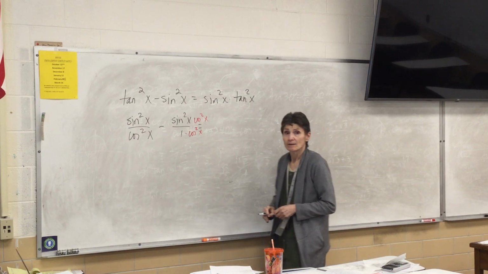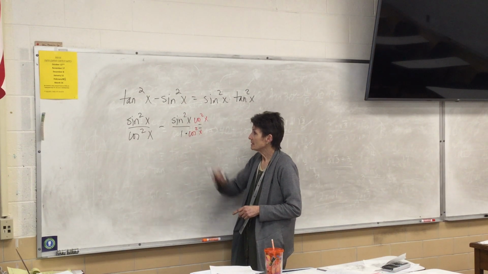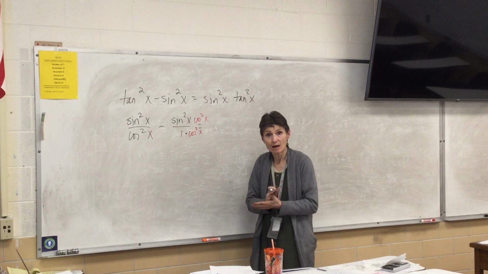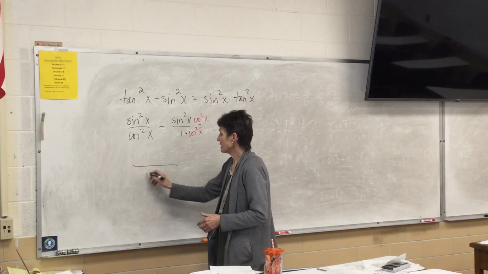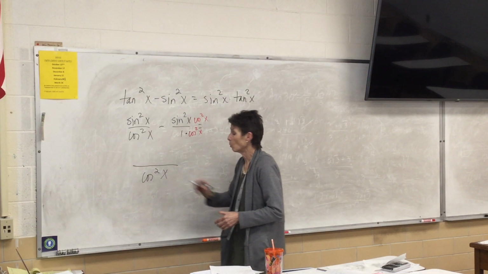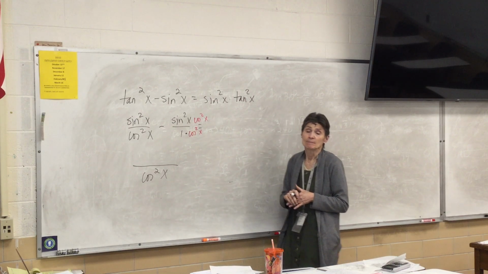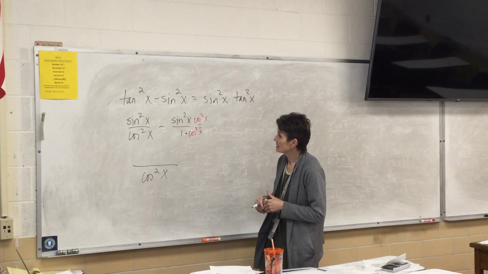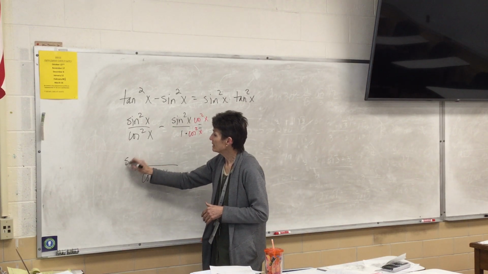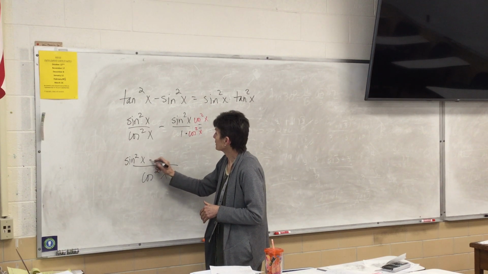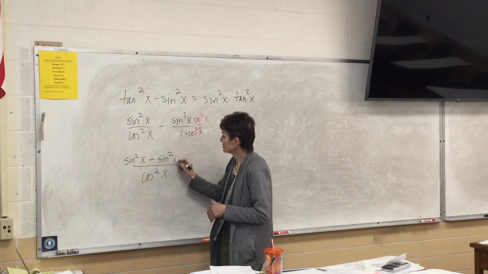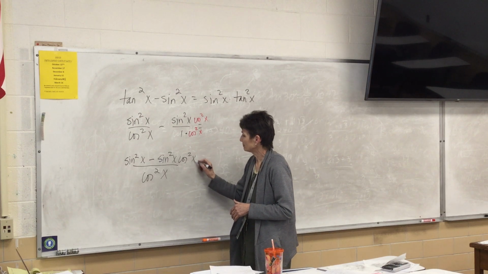Now, gang, that's times there. Now they have the same denominator, so I can put them together in one fraction. So my denominator is cosine squared, and the numerator is sine squared minus sine squared cosine squared.